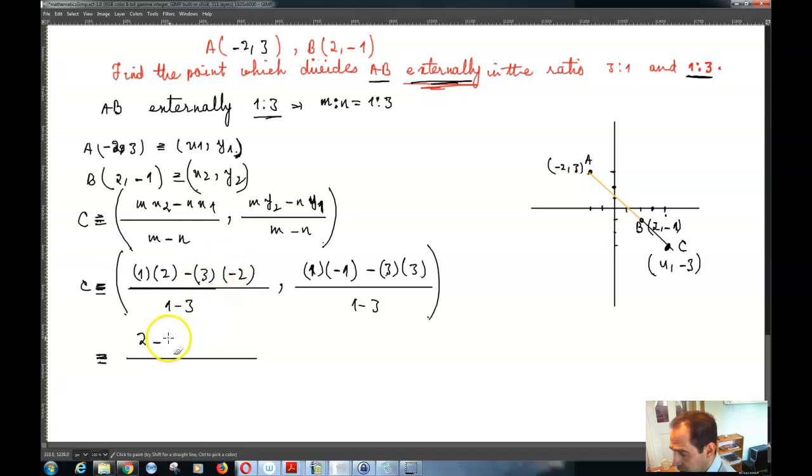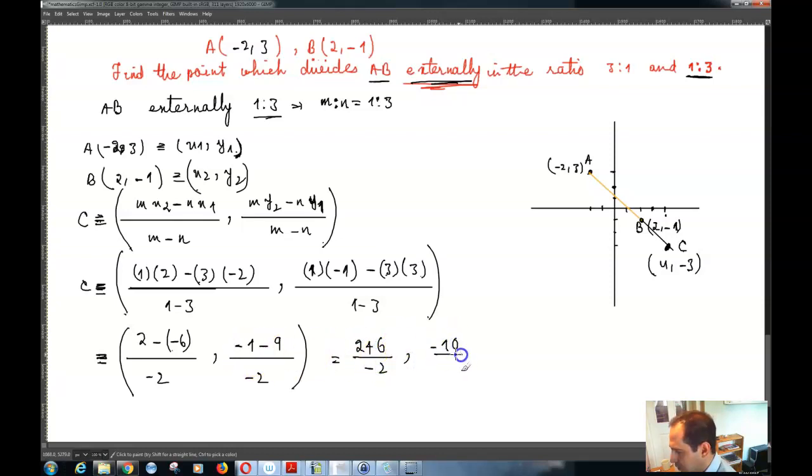which is equal to 2 minus negative 6 over negative 2, comma negative 1 minus 9 over negative 2, which is the same thing as basically 2 plus 6 over negative 2, comma negative 10 over negative 2, which is the same thing as basically 8 over negative 2, which is negative 4, comma 10 divided by 2, which is equal to 5.